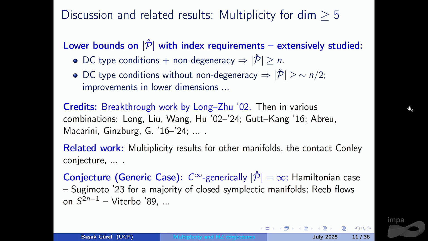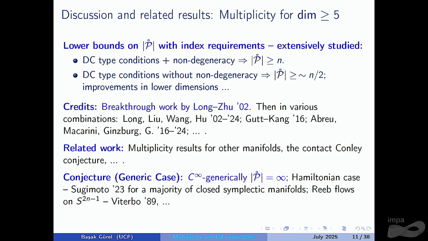This is why I'm saying DC-type conditions here. Together with non-degeneracy, it was known that we have at least n. Now you remove non-degeneracy, and this bound immediately drops down to n over 2.